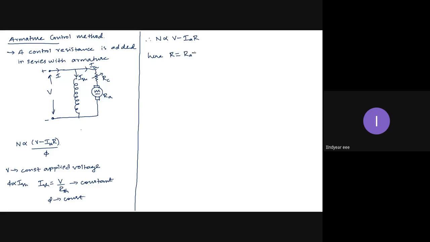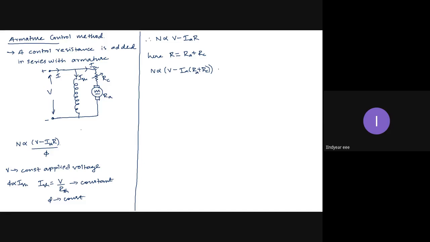It is armature resistance plus control resistance in series with armature. So N is now proportional to V minus Ia into (Ra plus Rc).